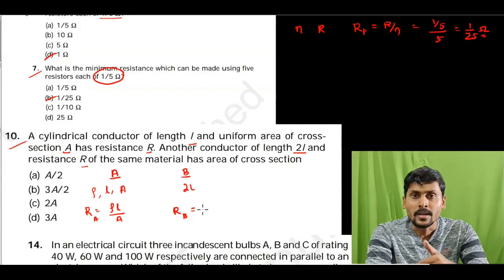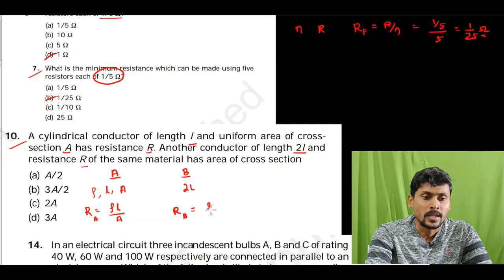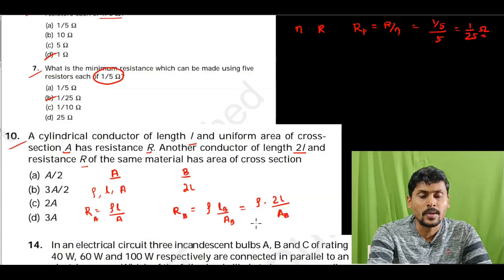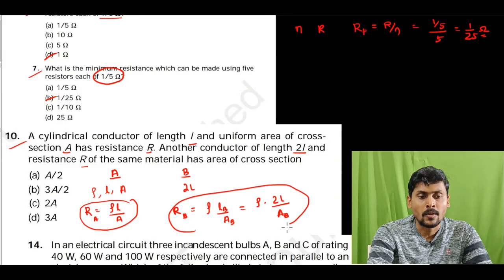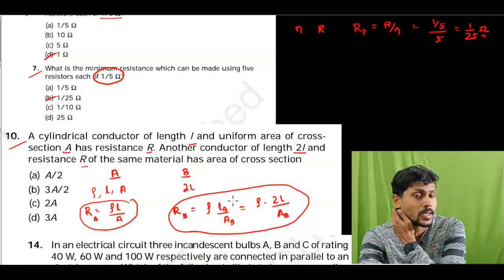So how to write the value of RB? Resistivity into length of B divided by area of B. So rho into 2L divided by area of B. So this is the expression for RA, this is for RB, and according to the question both have the same value.